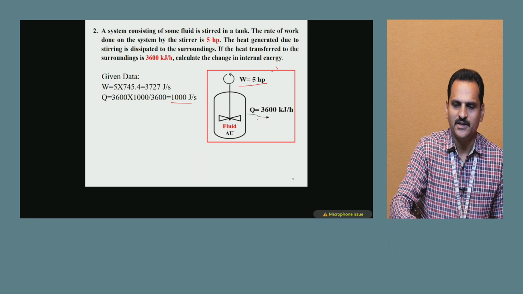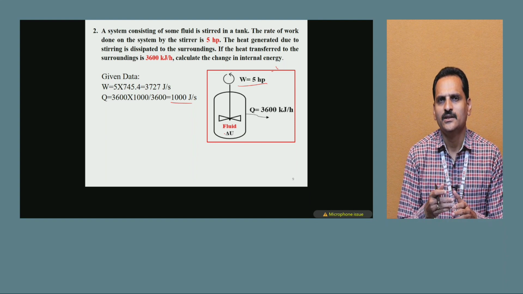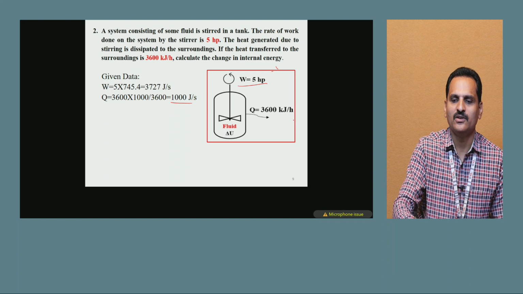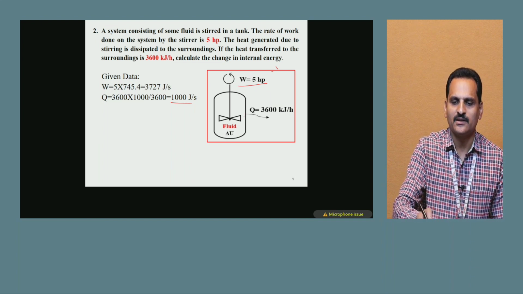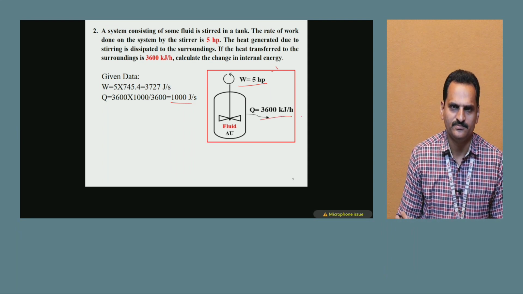The amount of heat transferred from the system to surroundings, that means due to stirring, heat energy will be generated in the fluid, that will be transferred to the surroundings because there is no insulation of this reactor or tank. That's why 3600 kilojoules per hour is transferred to the surroundings.